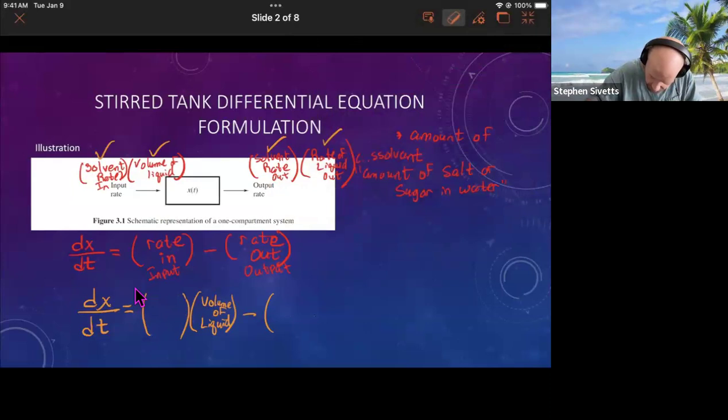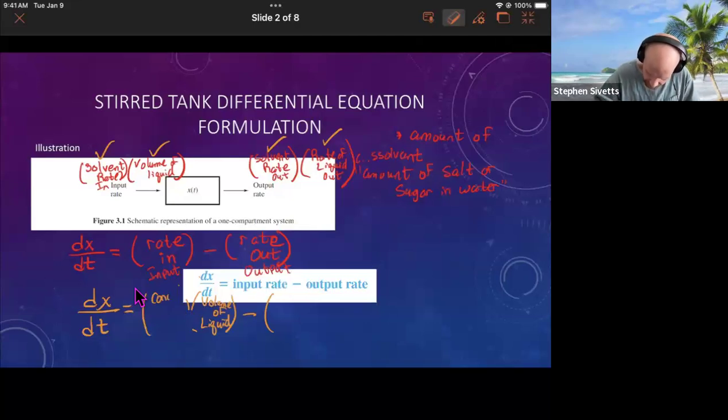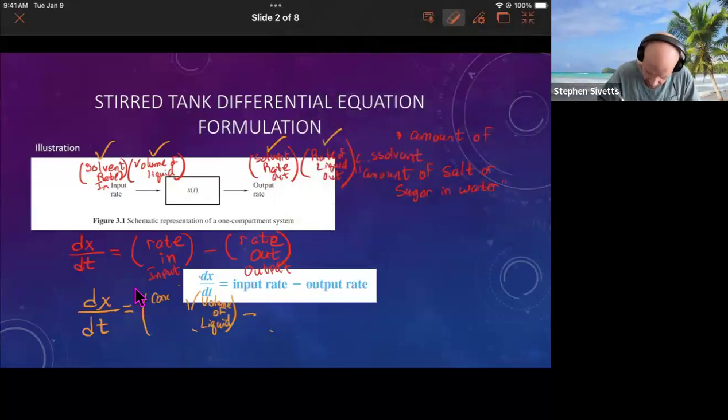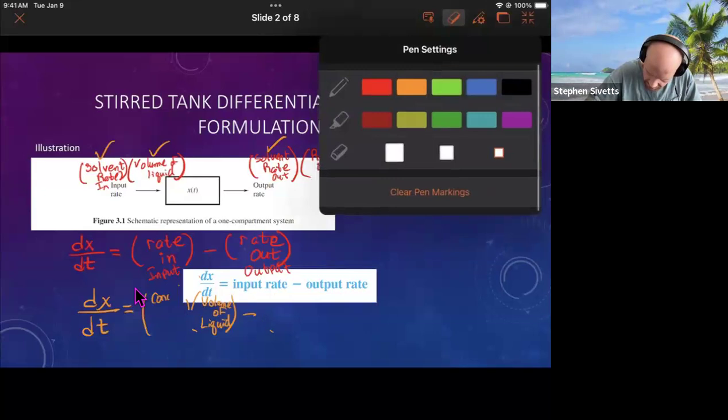So really I should write out the concentration. Let me redo this. Yeah, so essentially, oh, I forgot that part there. So let me erase that.